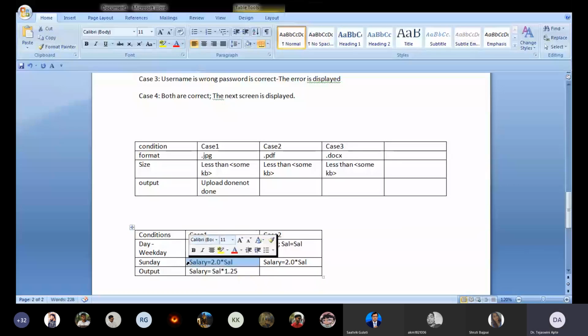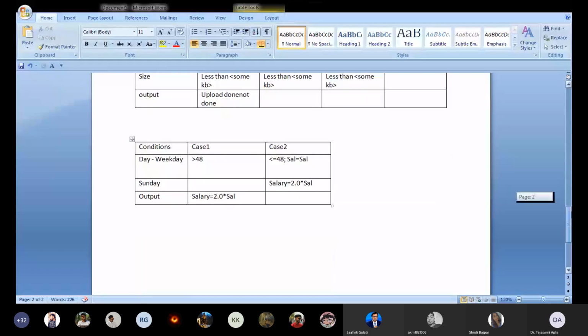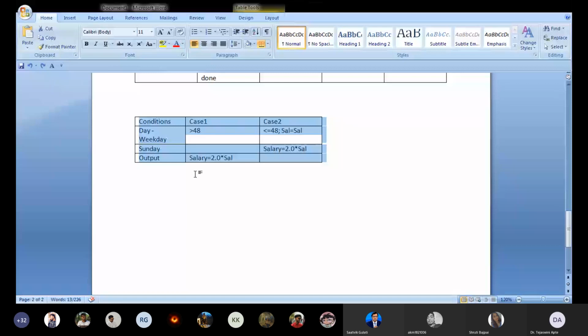And for Sunday, the output is going to be this much. That's what they are trying to represent.